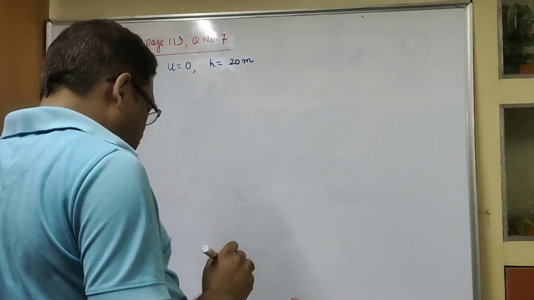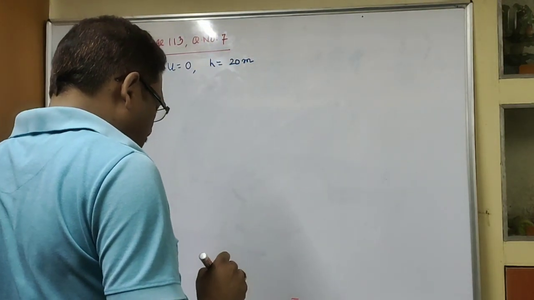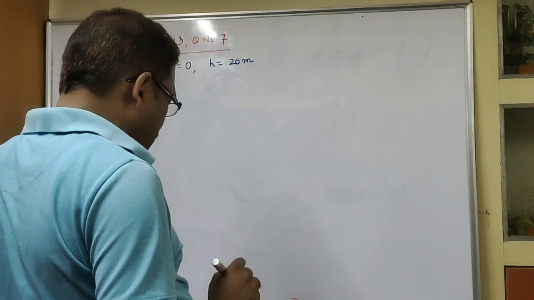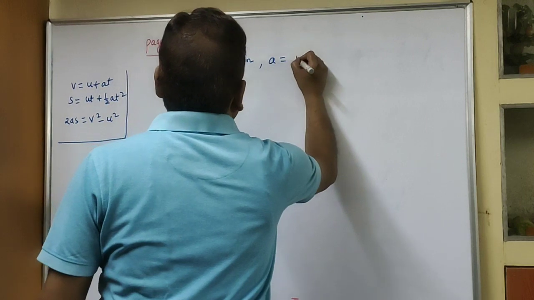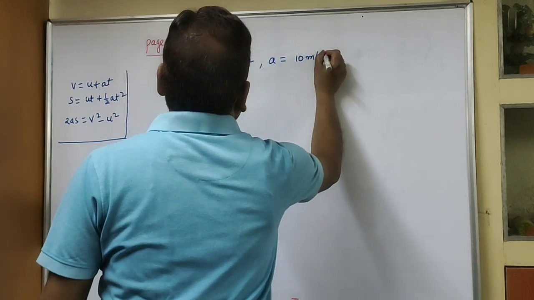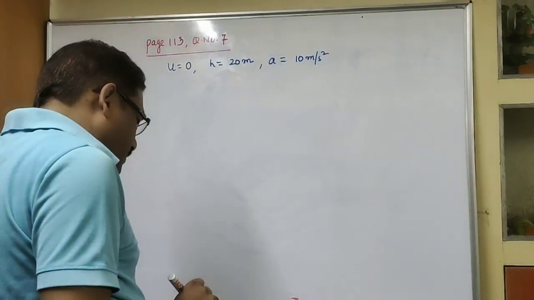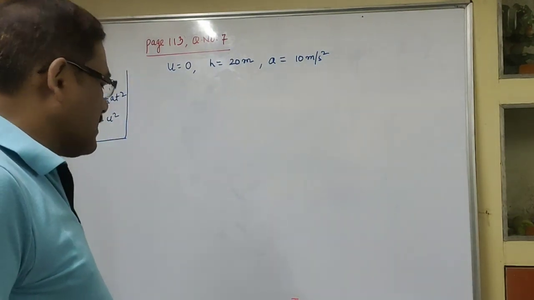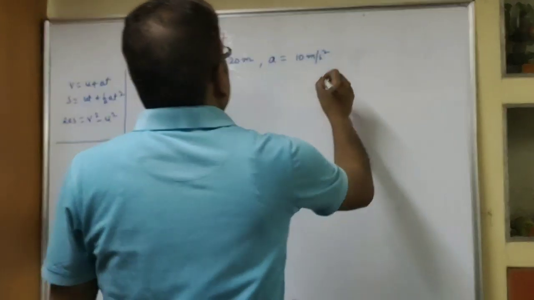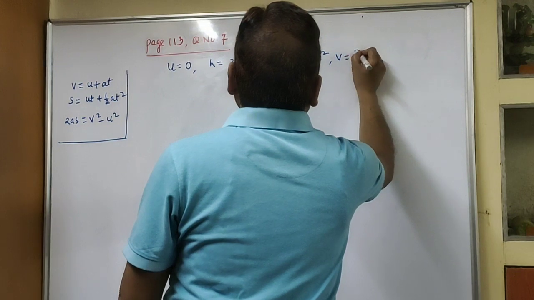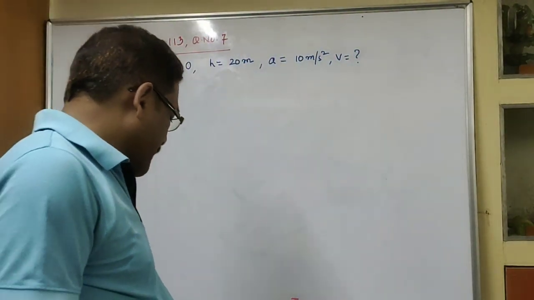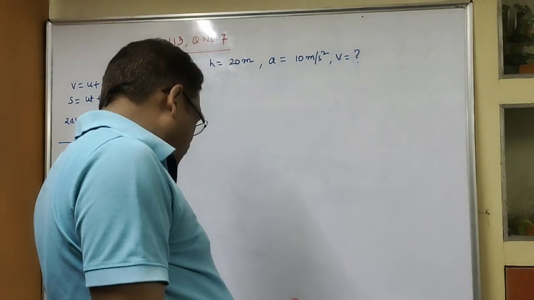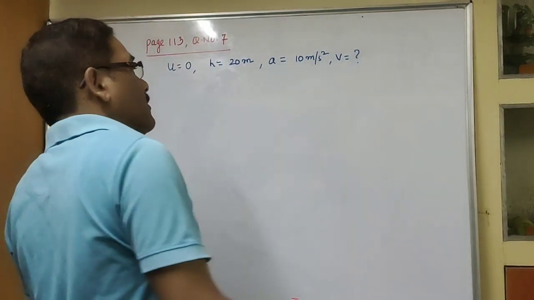If its velocity increases uniformly at the rate of 10 meter per second square, so acceleration is given, 10 meter per second square. With what velocity will it strike the ground? It means you have to calculate the final velocity, so put a question mark against v, and after what time will it strike the ground?